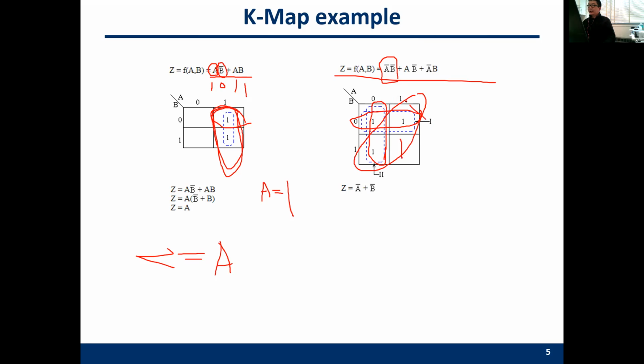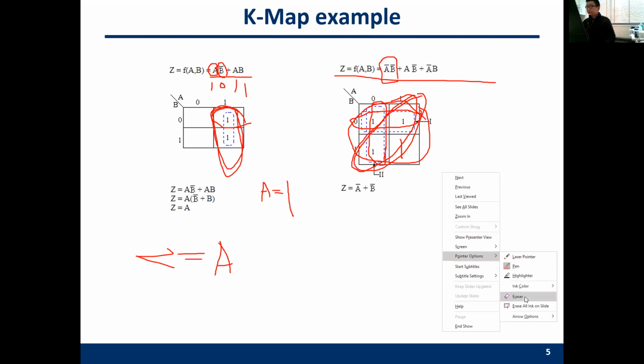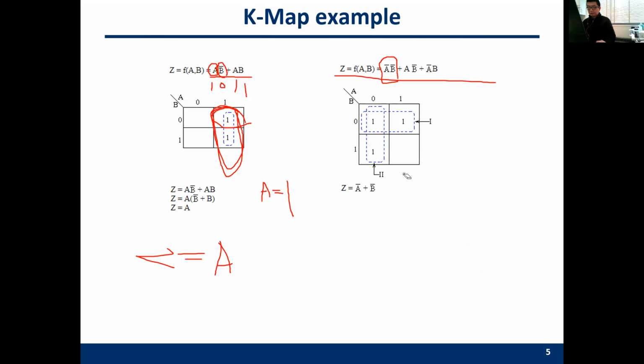If here is one, I can draw a circle like this, but you cannot draw a circle in the diagonal direction.